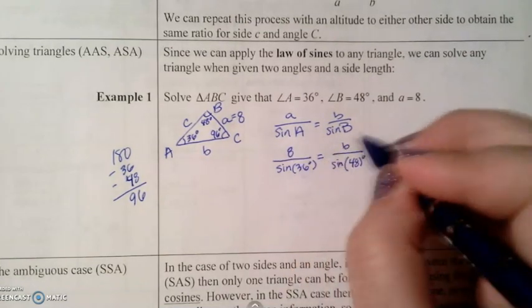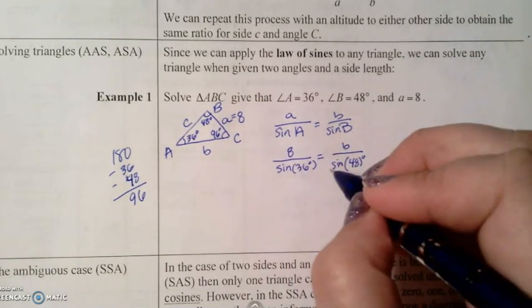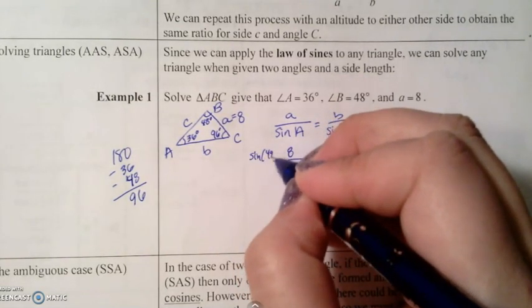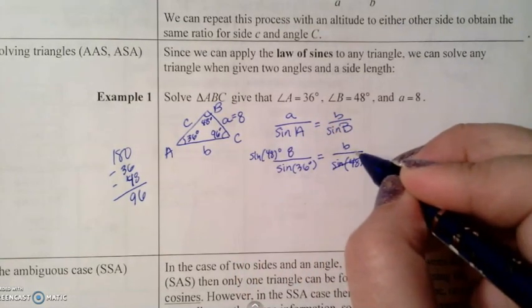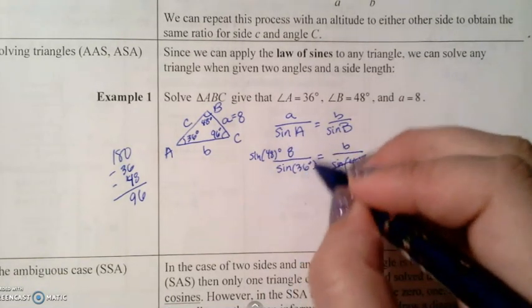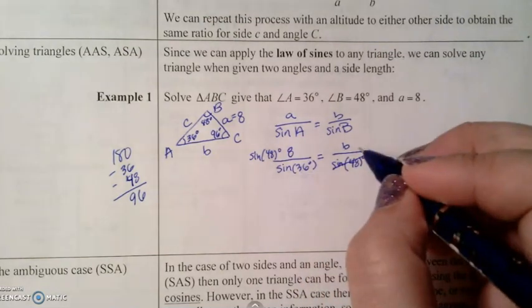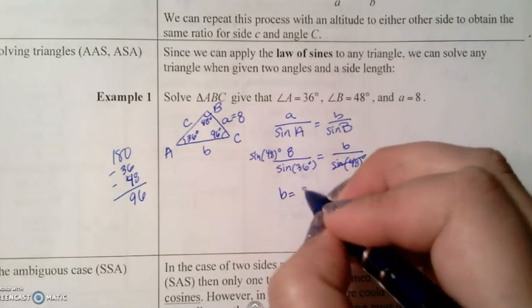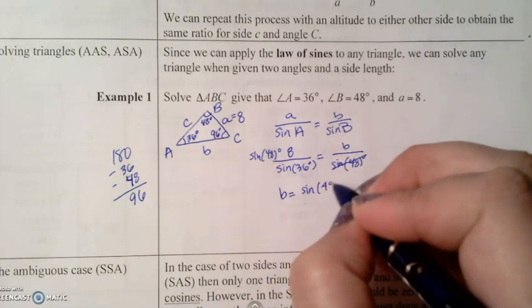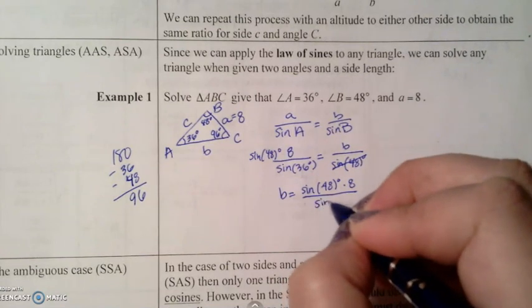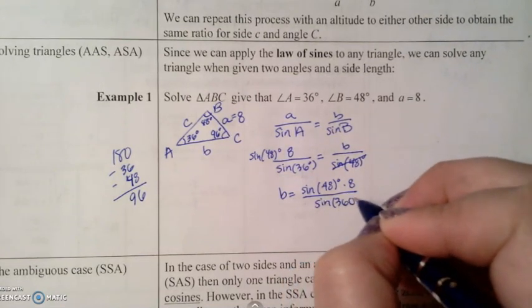I can multiply both sides by sine of 48 degrees and have b. Whereas if b was in the denominator, I would have to multiply by b and then divide by this whole fraction in order to isolate b. So we get that b equals sine of 48 degrees times 8 divided by sine of 36 degrees.